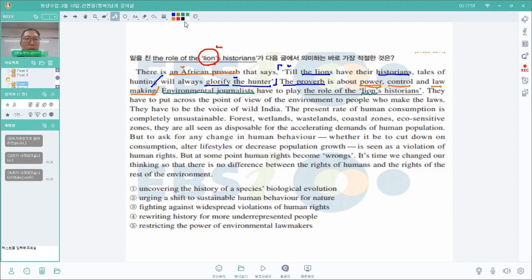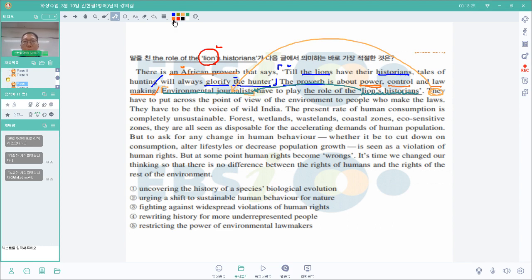So maybe the lions' historians represent environmental journalists, right? So they have to speak on behalf of the lions. So they have to put across the point of view of the environment to the people who make the law. So here, I told you that they refers to these environmental journalists, right? So environmental journalists have to put across the message.